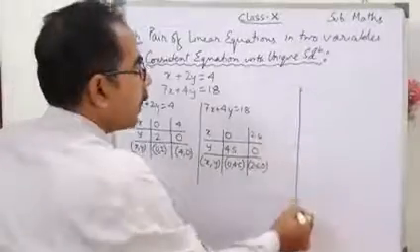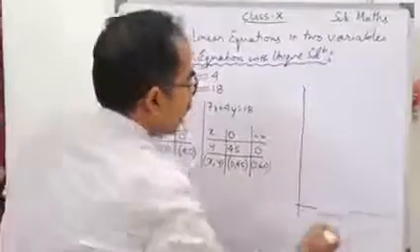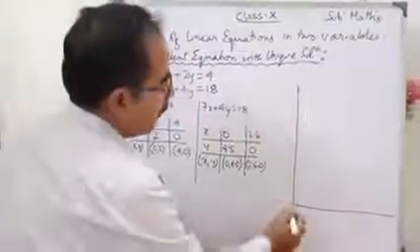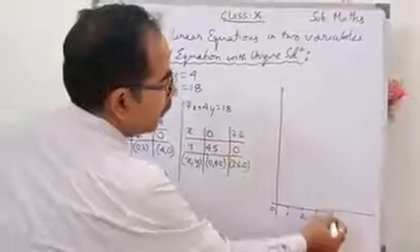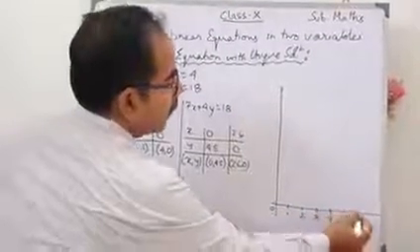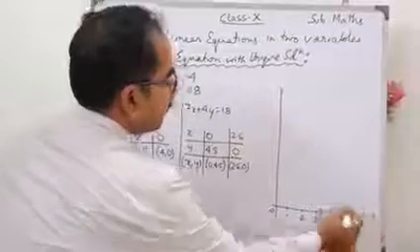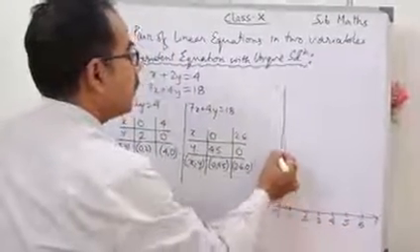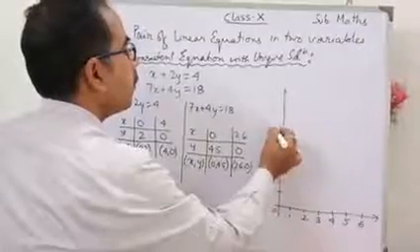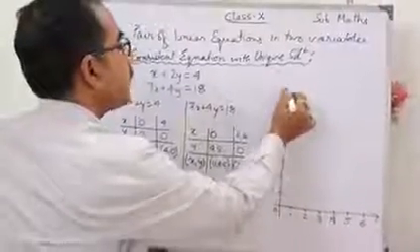Now let us plot the graph. So suppose this is 1, 2, 3, 4. I am just plotting to make you understand. 1, 2, 3, 4, 5, 6. I think it is enough.